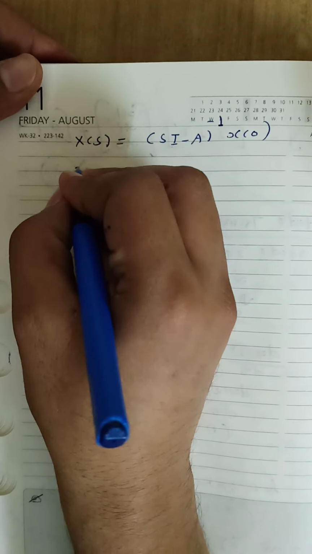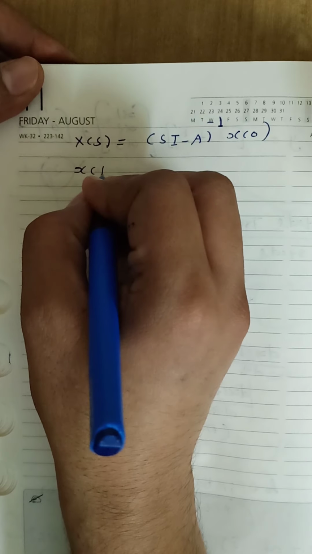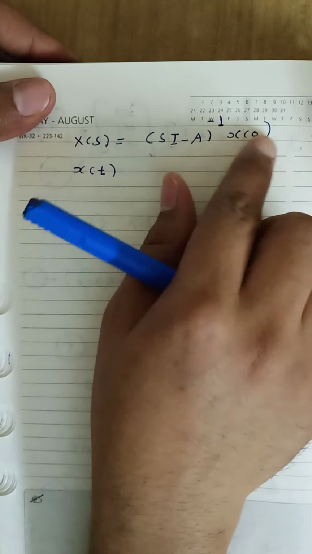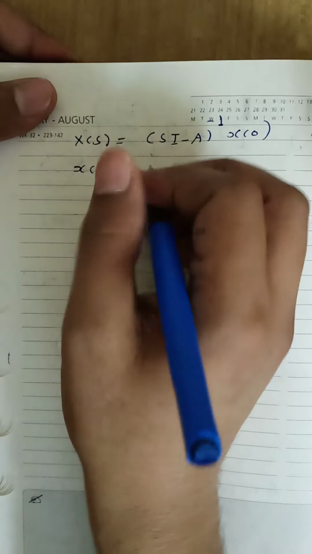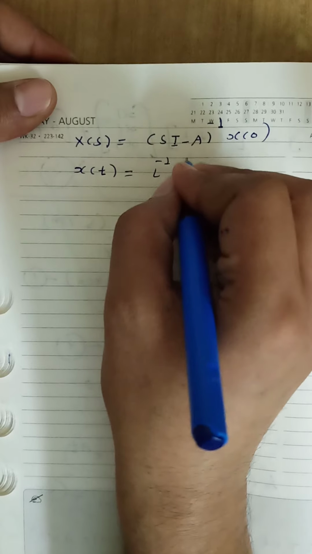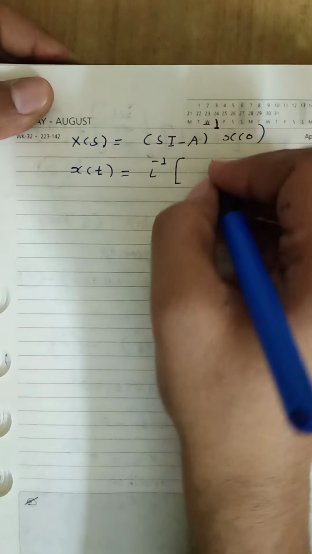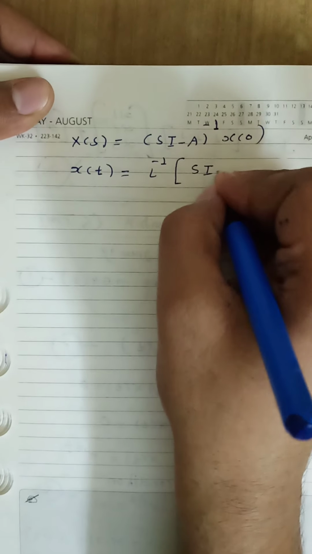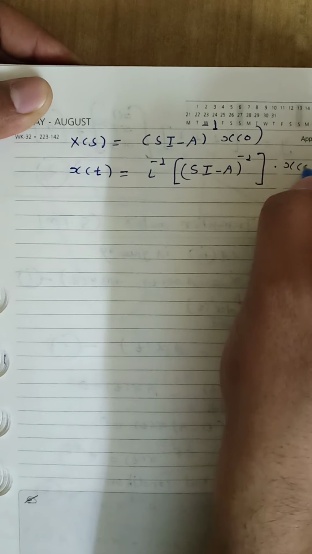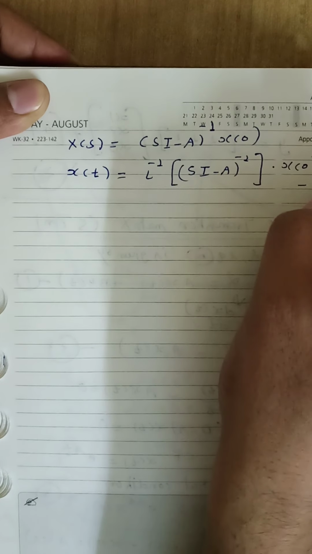So x of t is calculated according to the inverse Laplace transform of the given equation. So we have x of t equal to inverse Laplace of (sI minus A) inverse x0. Suppose this is my fourth equation.